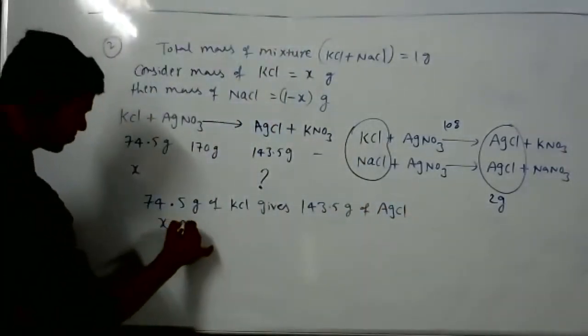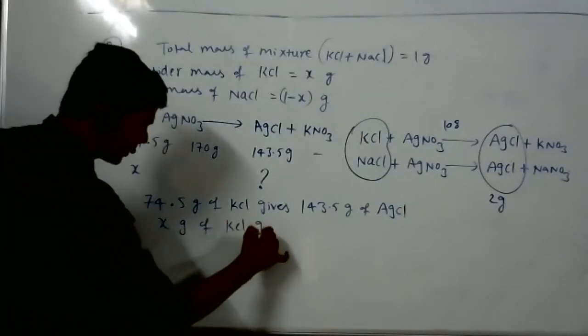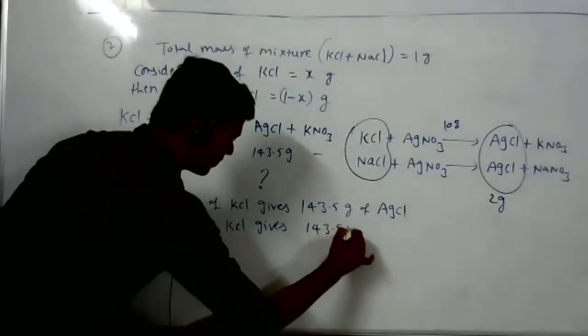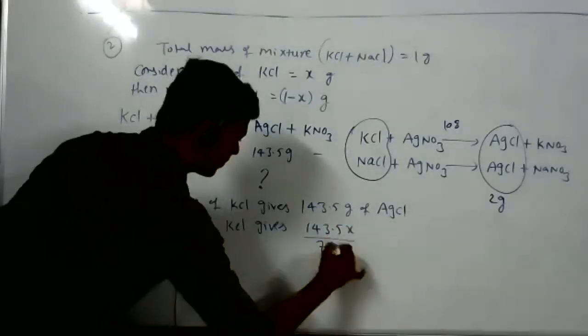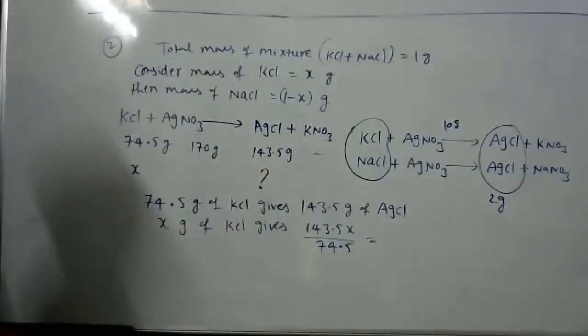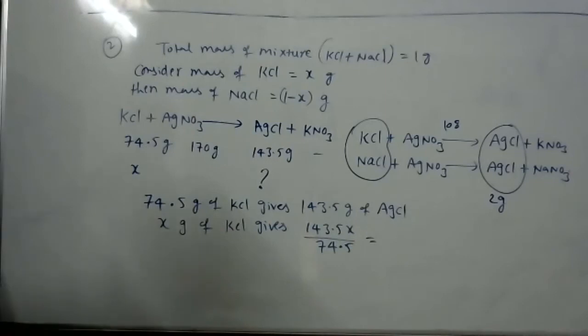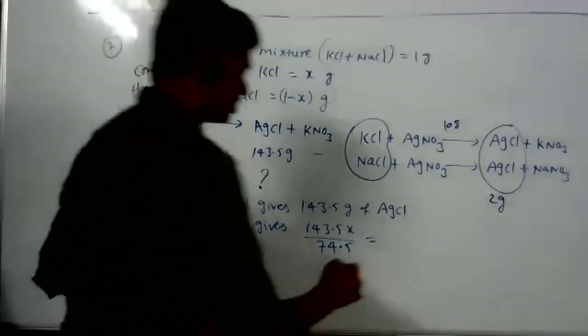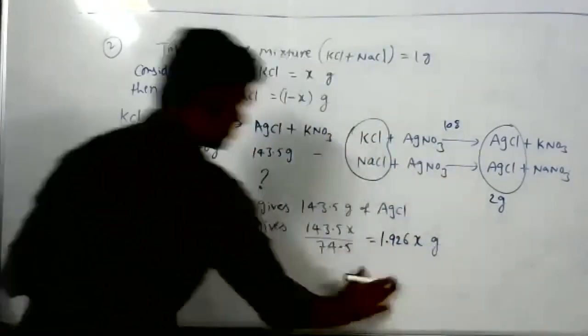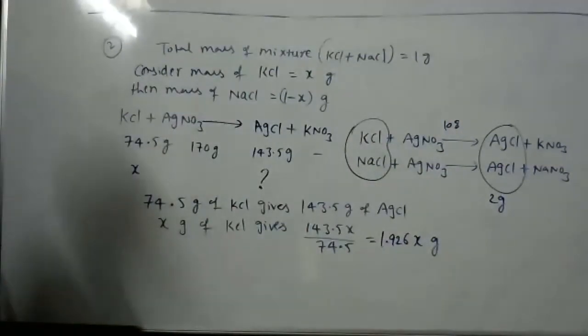So X grams of KCl gives 143.5x divided by 74.5. Calculate this value and tell. Sir, 1.926x. Okay, this is calculated. Next, apply for NaCl.